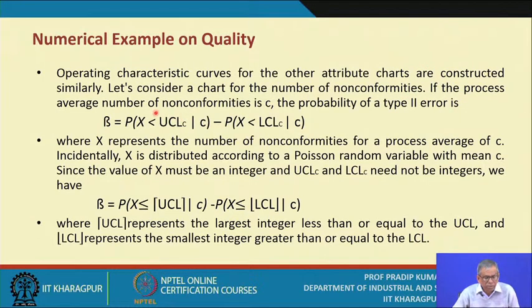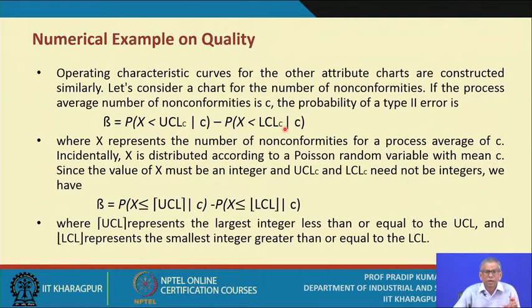So, if the process average number of non-conformities is C, that's the parameter. The probability of a type 2 error is given by this beta function: the probability that x, which is a random variable representing the number of non-conformities, is less than the upper control limit for the given value of C, minus the probability that x is less than the lower control limit.